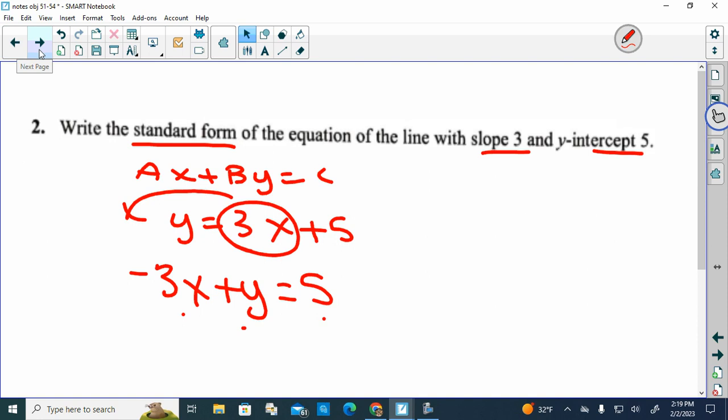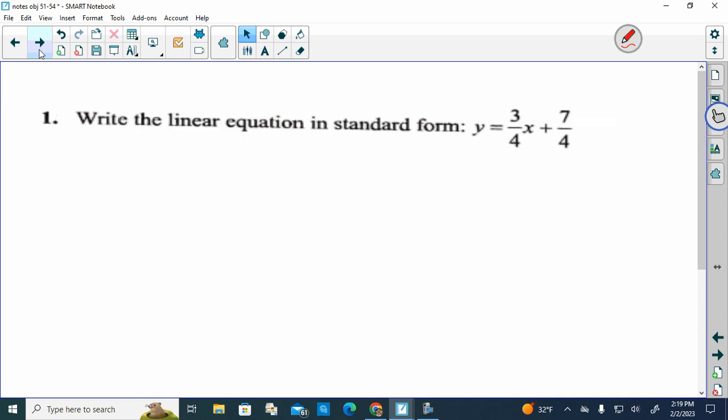Okay. Last one. And this will be your hardest one in this section, I believe. Not hard, but just harder than the other ones.